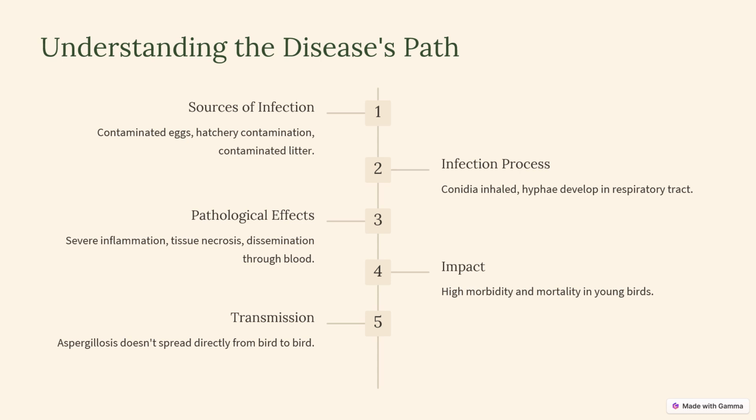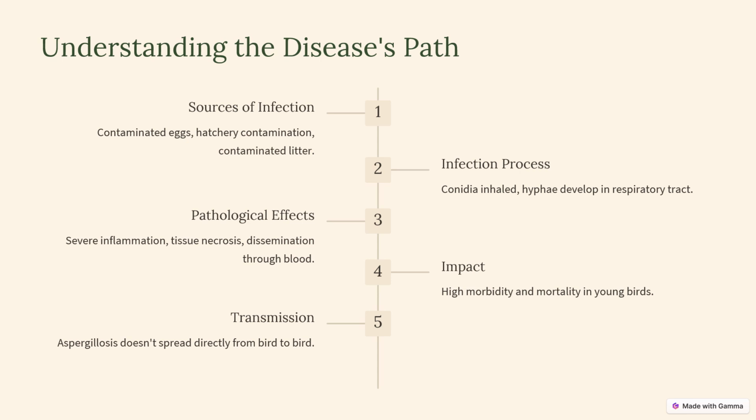One is contaminated eggs, two is hatchery contamination, three is contaminated litter. If there is contamination through the above sources, then the infection process starts. That means the spores will be inhaled, so that the hyphae develop in the respiratory tract.